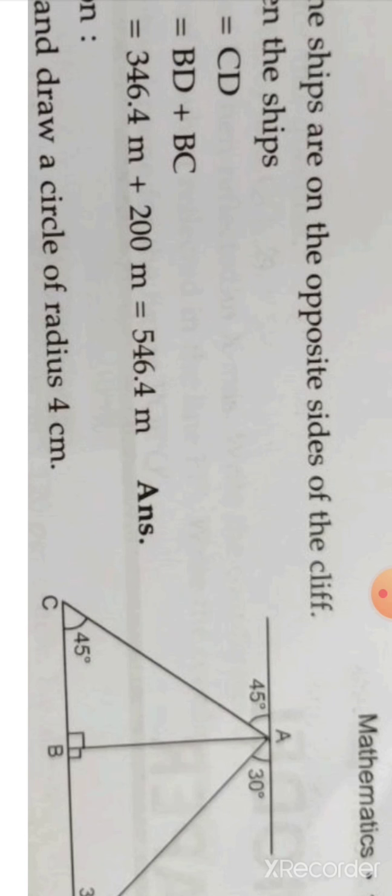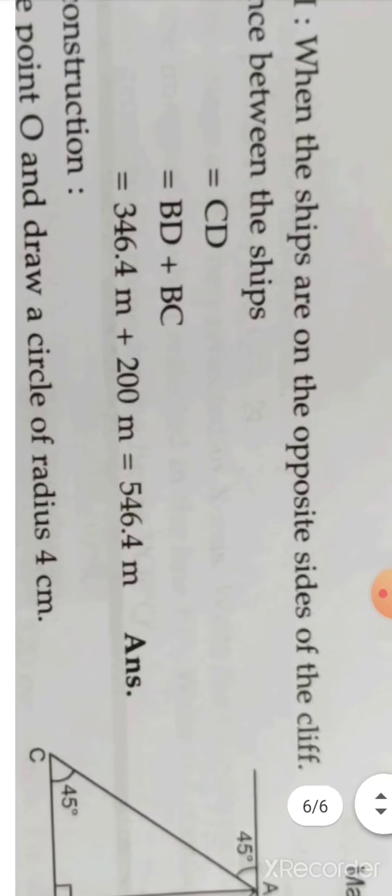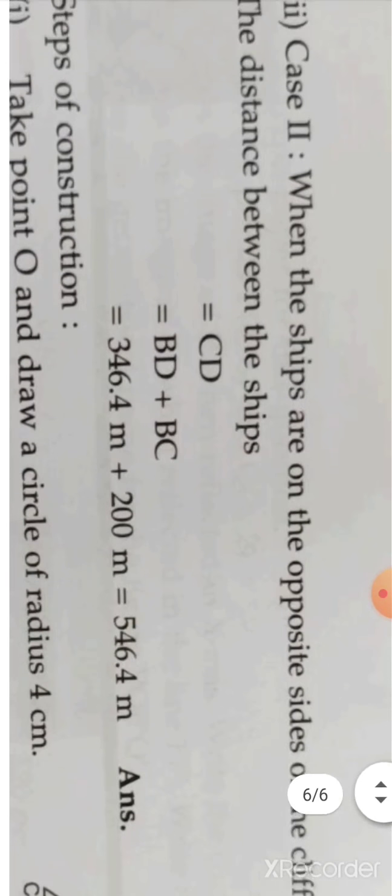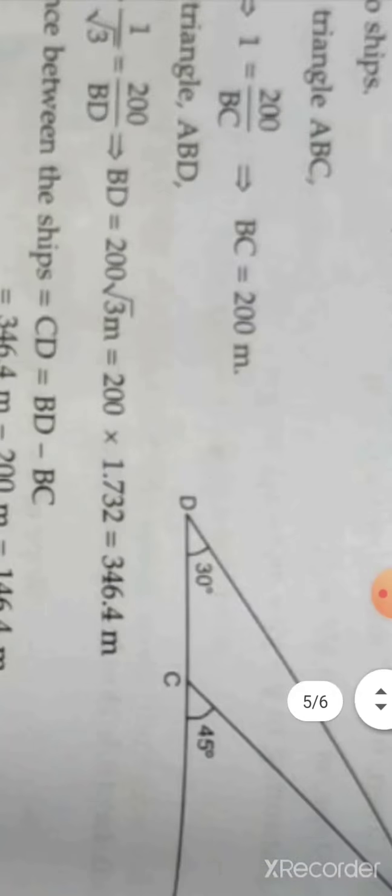We have already found them in case 1, which we will substitute here to get our CD value. 346.4 meter plus 200 meter, which is 546.4 meter as our second answer in the second case. So this is the solution of the height and distance question of question 11 B part.